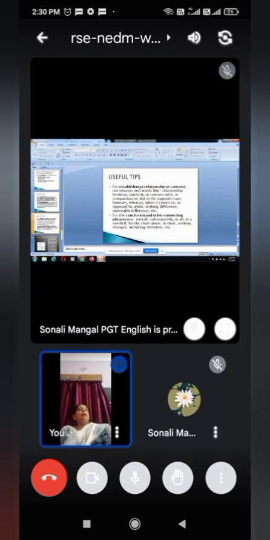For establishing a relationship or contrast, use phrases and words like relationship between, similarly, in contrast with, in comparison to, but in the opposite case, however, whereas, when it comes to, as opposed to, while, striking difference, noticeable difference.